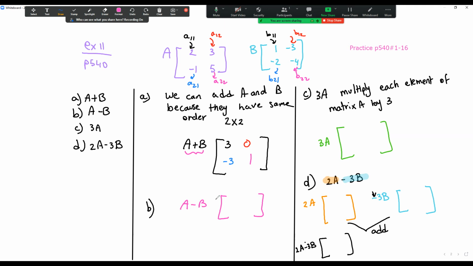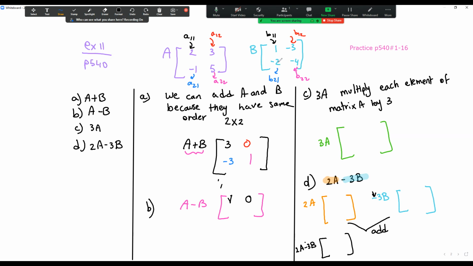Similarly, with subtraction, you're going to subtract the elements that are in the same position. So I'll pause a second if you want to give it a try. 2 minus 1 is 1. 3 minus 3 is 0.